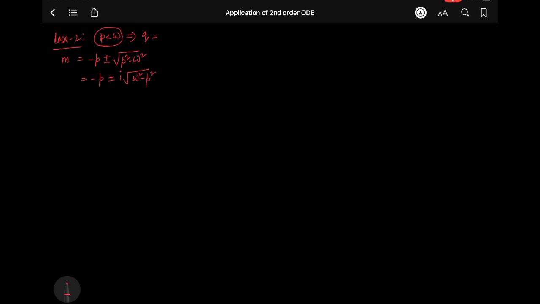So Q equals e power minus Pt times A cos root over omega square minus P square t plus B sin root over omega square minus P square t. This is Q.